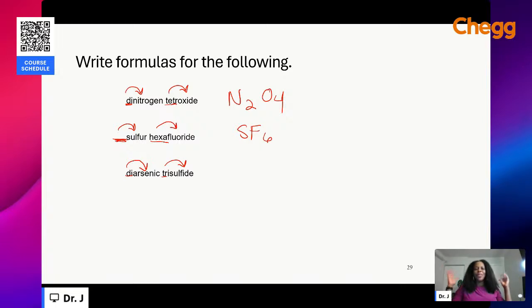Treedo, you did not fall for the trick. A lot of people, when they see that diarsenic, they think arsenic, AR. The AR is actually argon. So yes, arsenic is AS, and we have 2 of them. And then sulfide, and we have 3 of them. Okay, perfect.